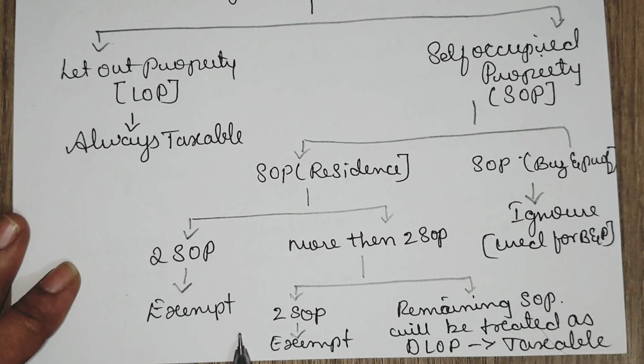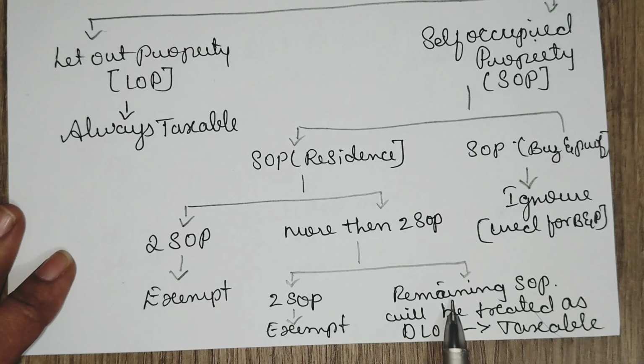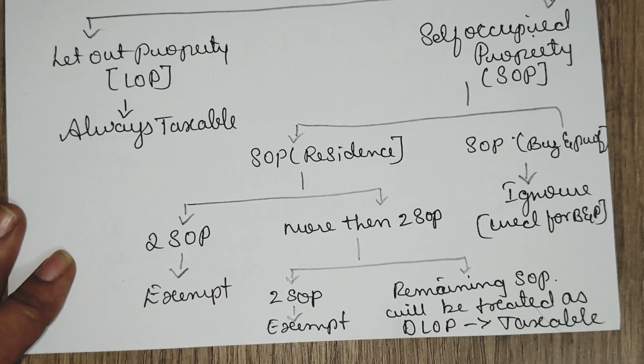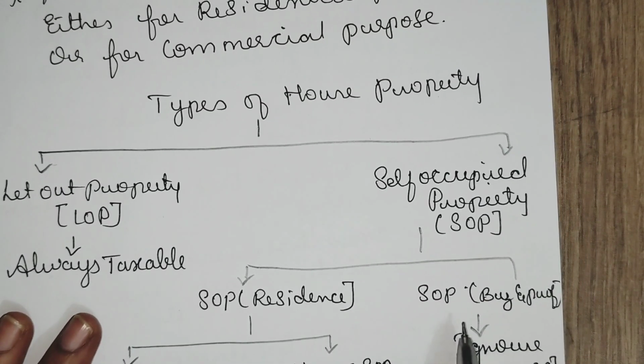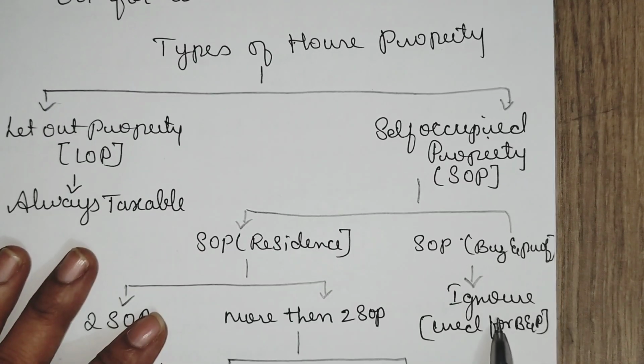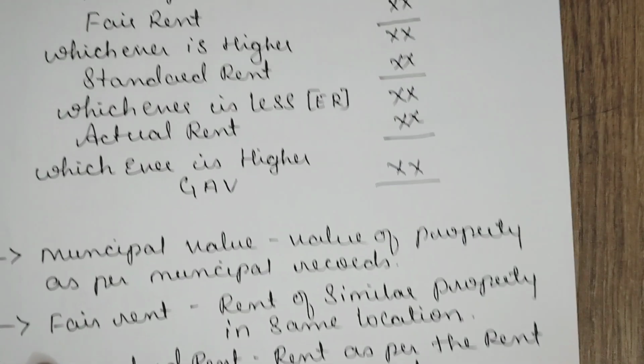If you have more than two self-occupied properties, then two will be exempted. The remaining self-occupied properties will be treated as deemed to be let out property. It will be taxable. Self-occupied property used for business or profession will be ignored.